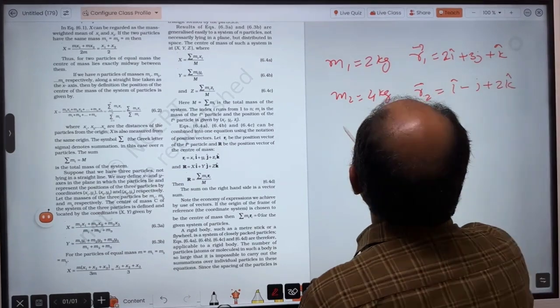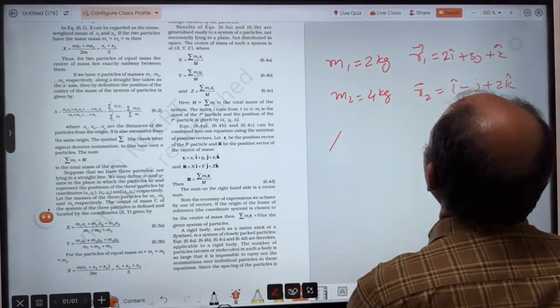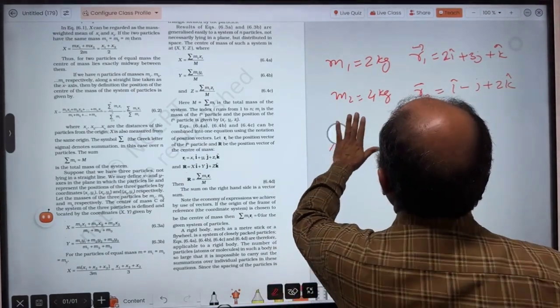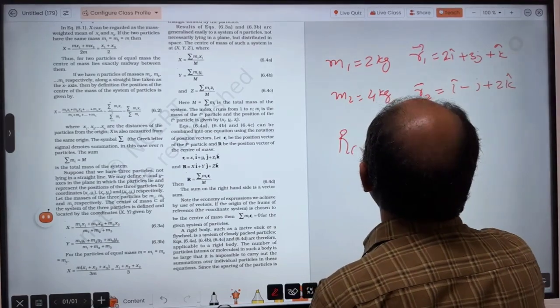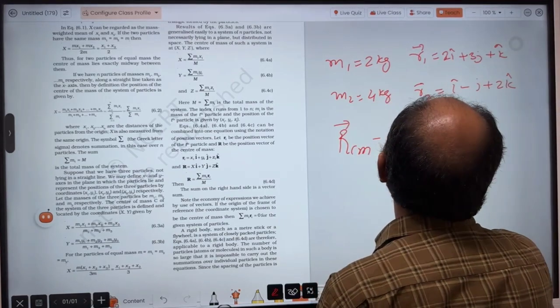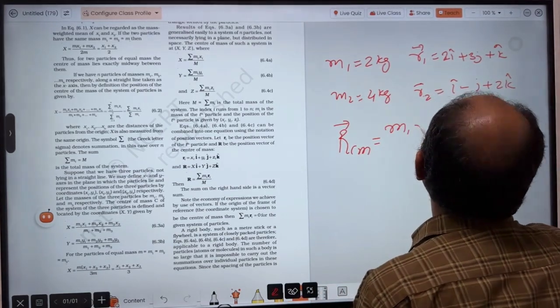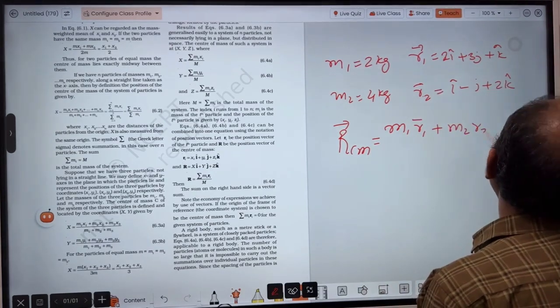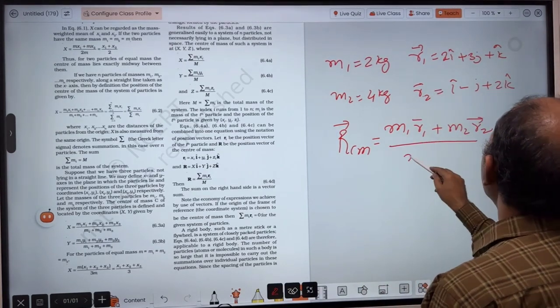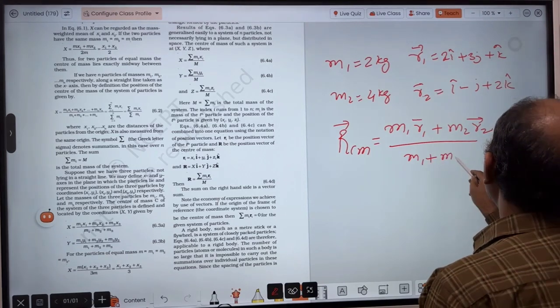In this case, not x cm, because vector r involves all three components, just write r cm in vector form, which will be equal to m1 vector r1 plus m2 vector r2 divided by m1 plus m2.